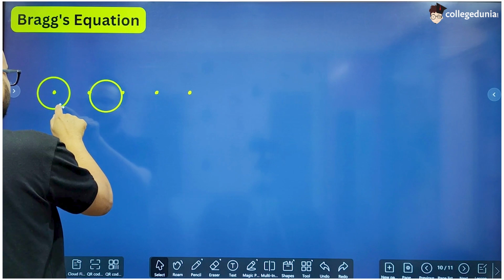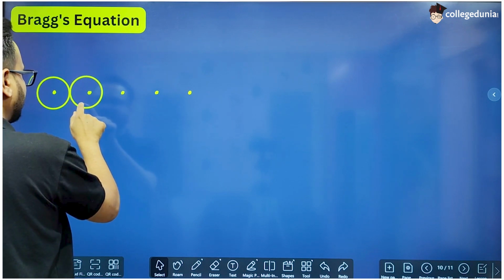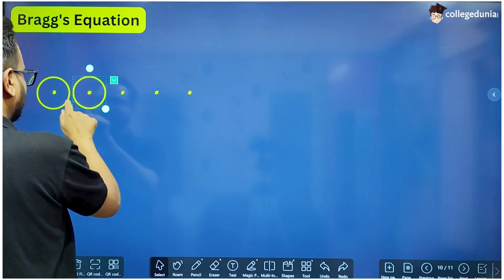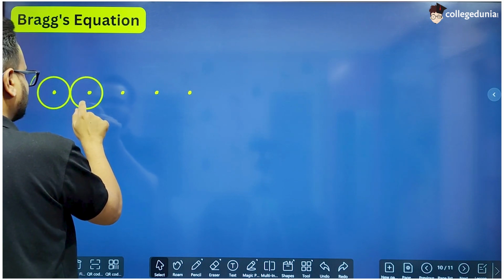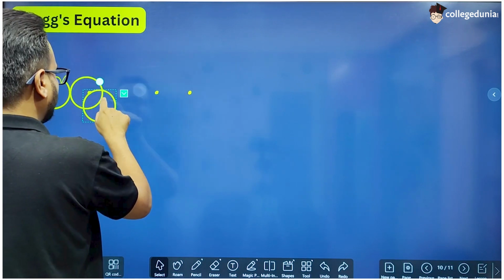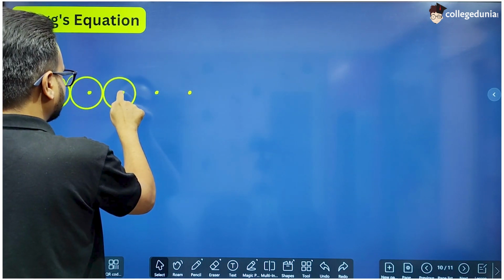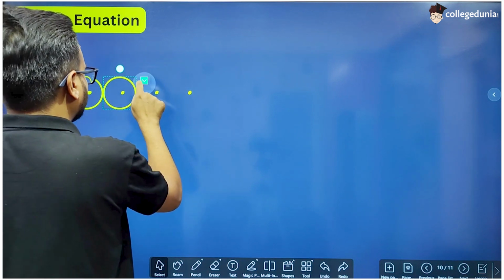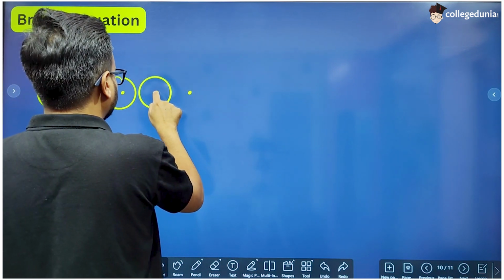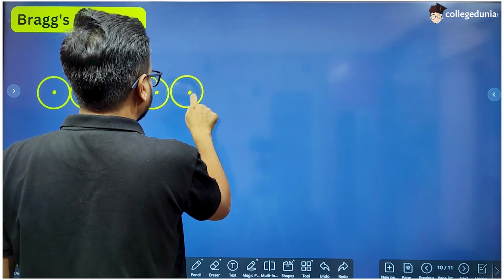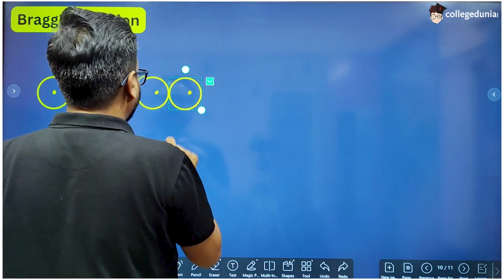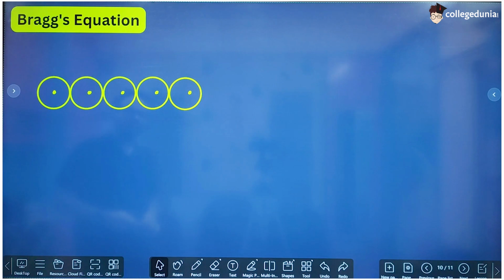So this atom is like this and this atom is arranged like this. So they are arranged in a particular manner. So this one is here and this one is here and this one is here. So all these are arranged in a particular manner.